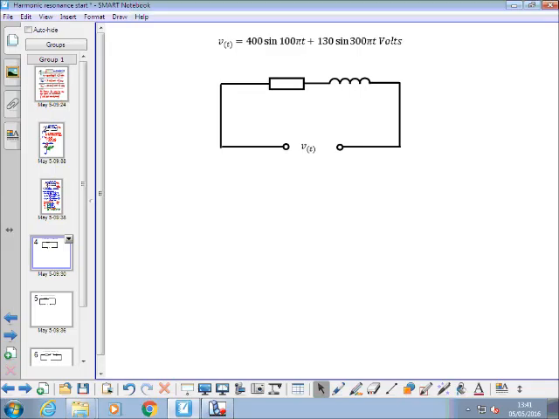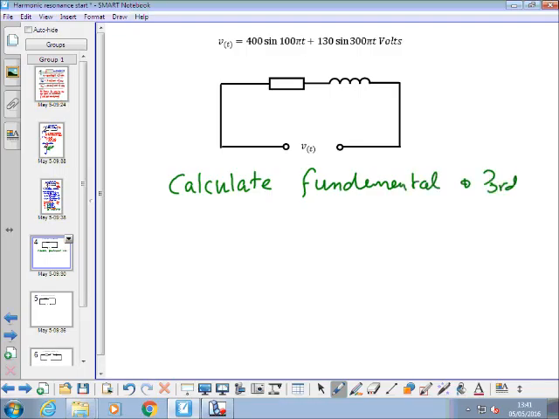So, part A: calculate the fundamental and third harmonic frequencies in hertz. It's the first thing I'm going to do.